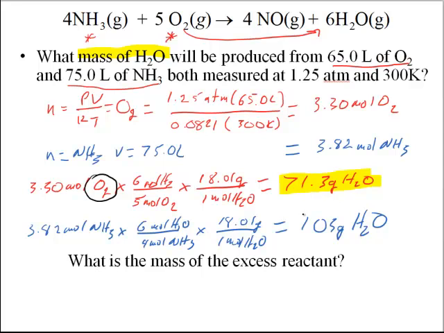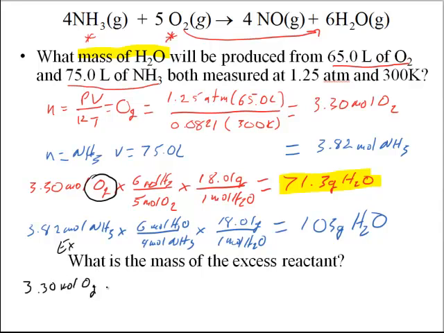Okay, but then look at this question right here. What is the mass of the excess reactant? Well, in order to do that, I've got to figure out how much of my excess, which happens to be my ammonia, reacted with my O2. So it's a relatively simple setup. I'm going to go like this: 3.3 moles of O2.